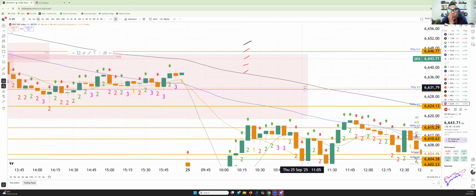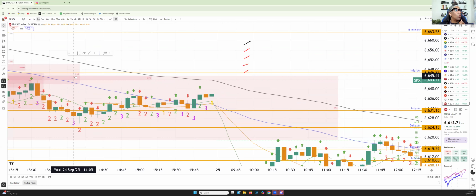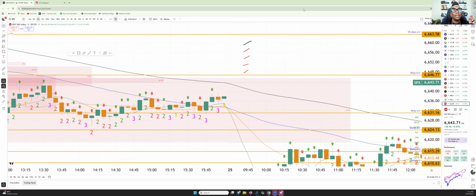If it just says fair value gap, then that's from the time frame of the chart you're on. This one says 4-hour fair value gap, this one says 1 hour, this one says 15-minute, and this one here just says FVG. That one means I'm on the 5-minute chart, so this is a 5-minute fair value gap. If it just says FVG, that's the one that goes with whatever chart you're on.